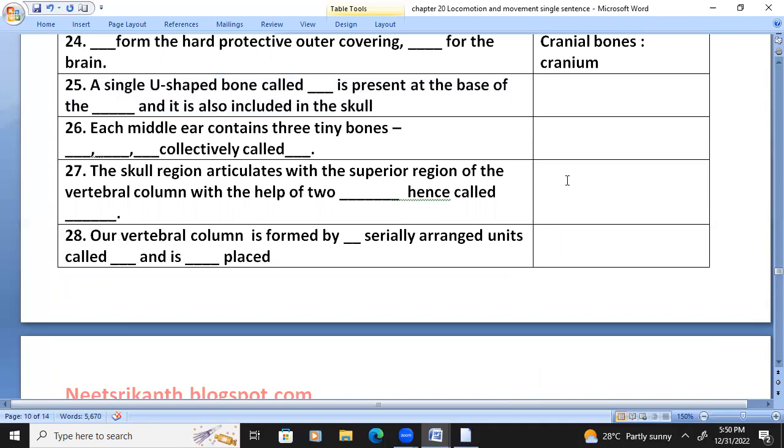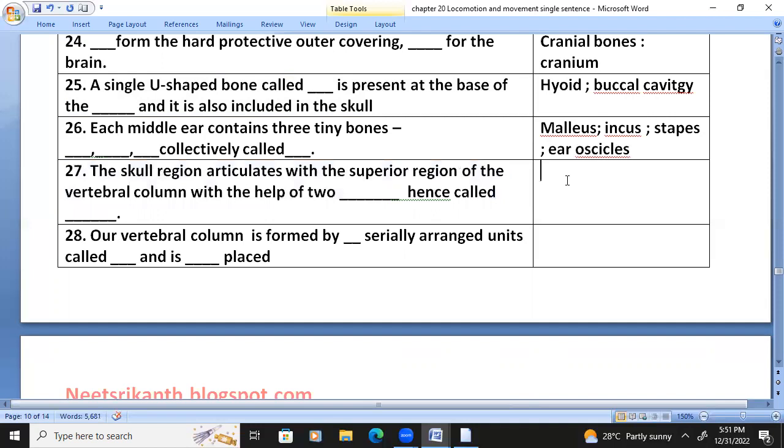A single U-shaped bone is called hyoid bone, present at the base of buccal cavity, and it is also included in the skull. Each middle ear contains 3 tiny bones called malleus, incus, stapes, collectively called ear ossicles.